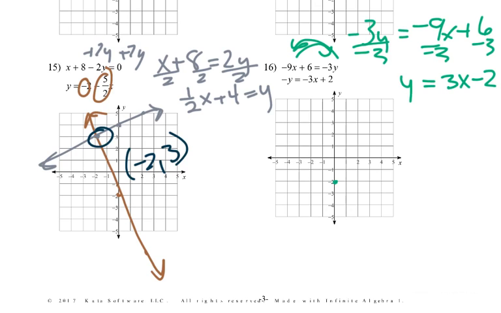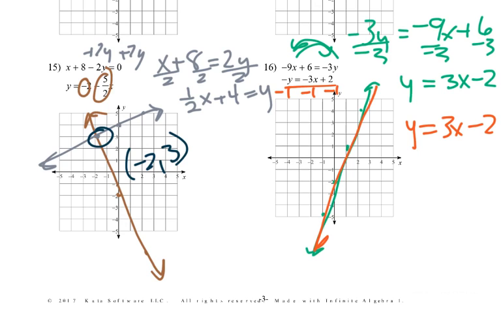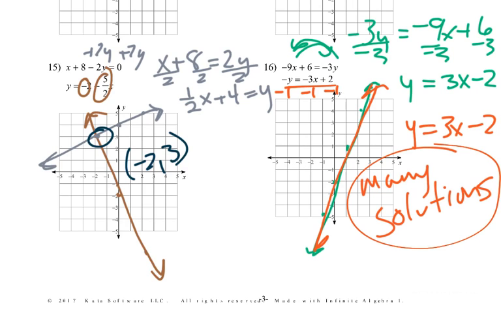Start at negative 2, then I go up 3 to the right 1, or down 3 to the left 1. And then this one, you just got to divide everything by a negative 1, giving us positive y equals positive 3x minus 2. Oh, same exact line. So I know that there are infinitely many solutions. And you can just write many solutions. So every one of these is an answer.